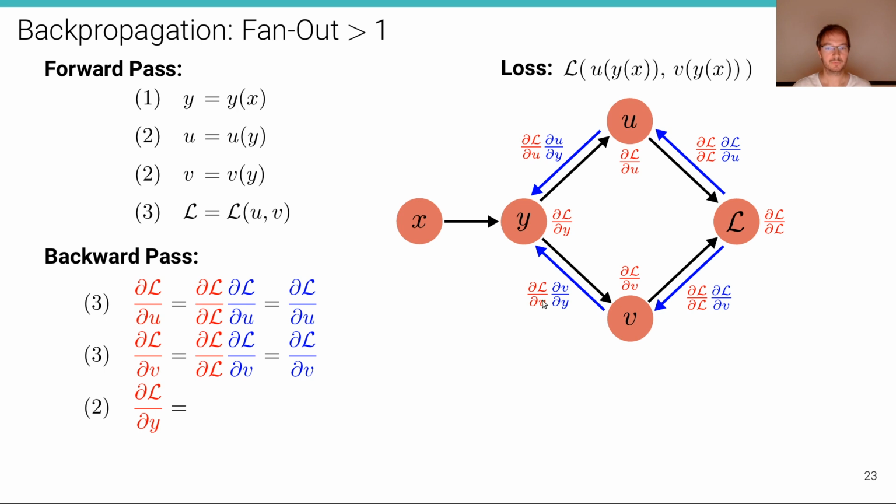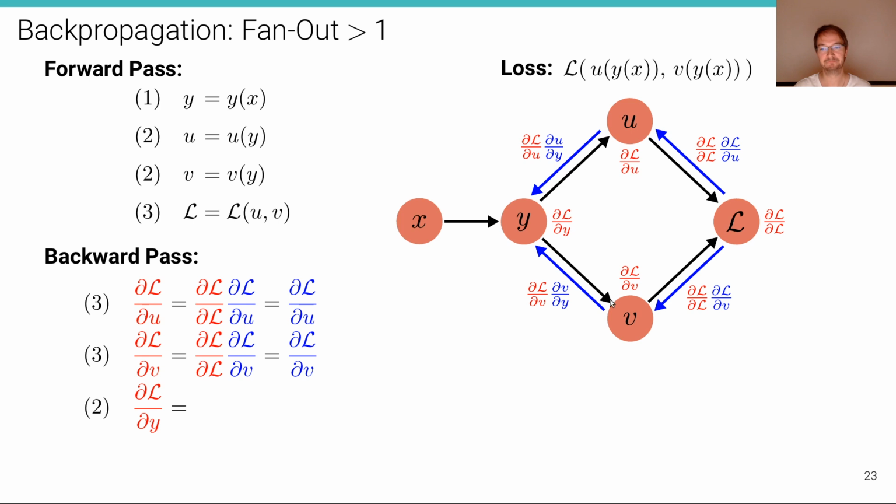What is the gradient of L with respect to y? Now the situation is different from before. In this case, both u and v send gradient information to this variable y. Namely, u sends the gradient of L with respect to u, which is what has been computed at the u location, times the local gradient from u to y.